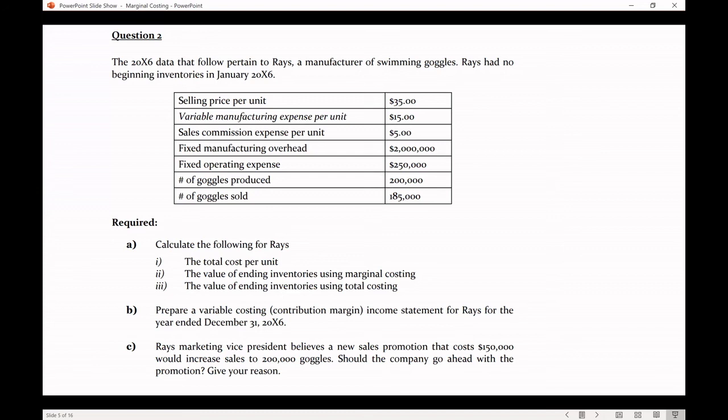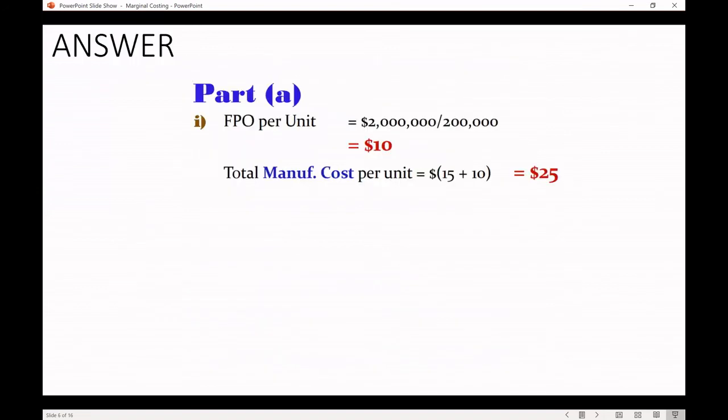We could have found the per unit figure. Here, for the fixed manufacturing overhead, we divide the 2 million by the 200,000 and get 10. So to find total manufacturing cost per unit, we add that 10 plus the $15 for variable manufacturing expense per unit, and our total cost per unit is $25.